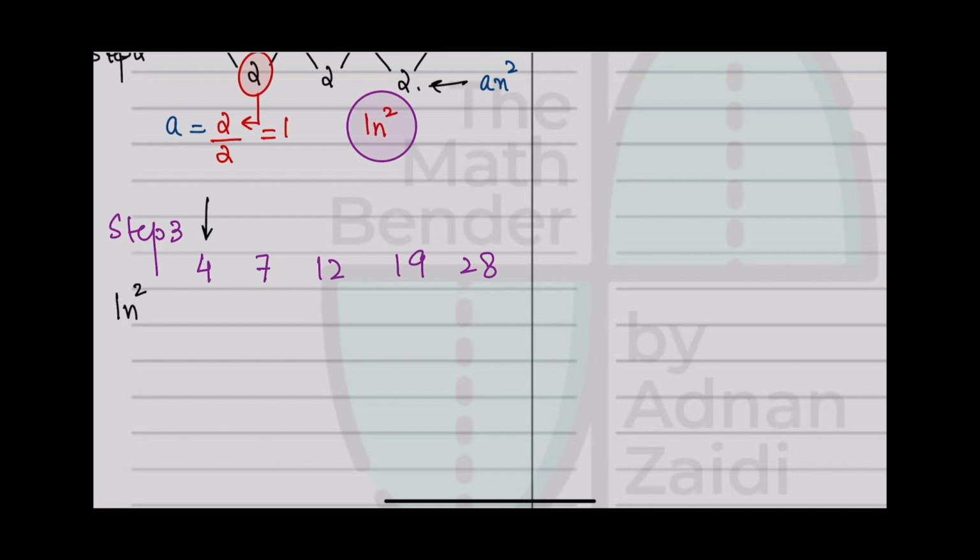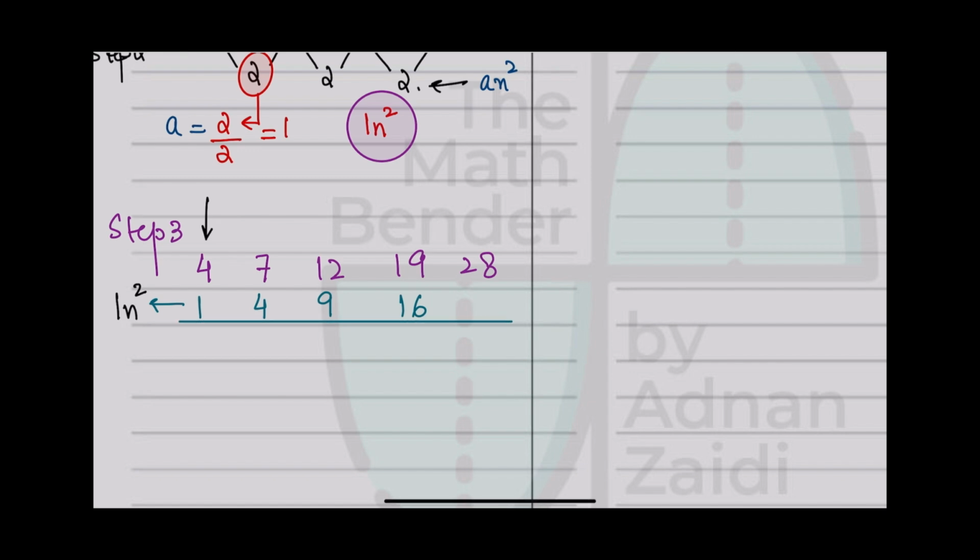And if I take 1 squared, I get 1. For the second term, now n is going to be 2. 2 squared gives you 4. For the third term, n is going to be 3 squared, which is 9. I'm just plugging it in this n as this. Now, and so on, so forth, I can take 16.